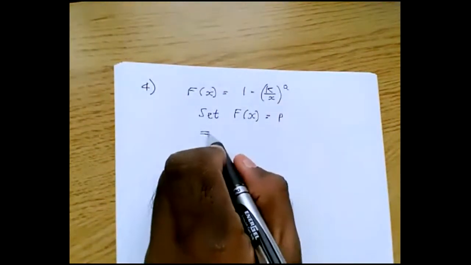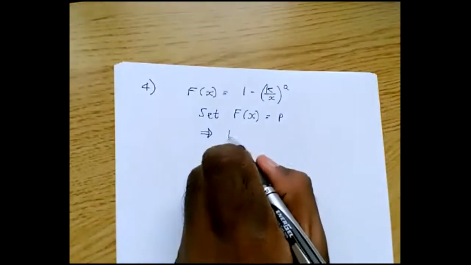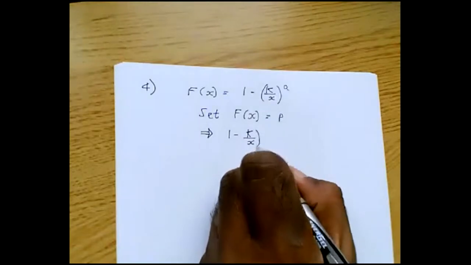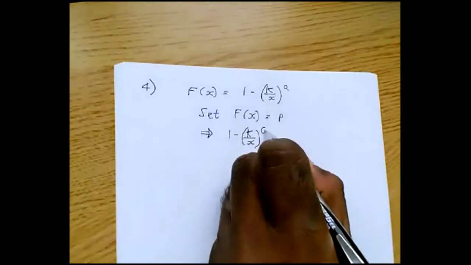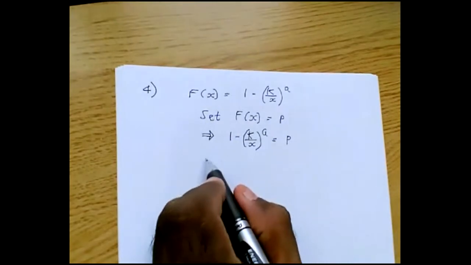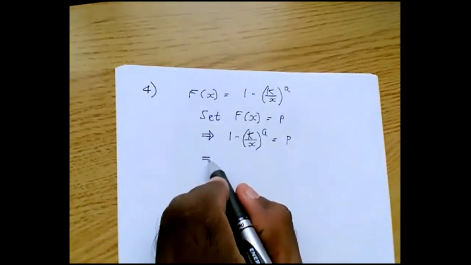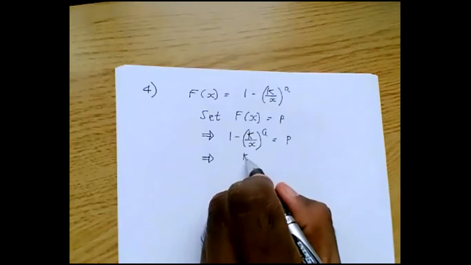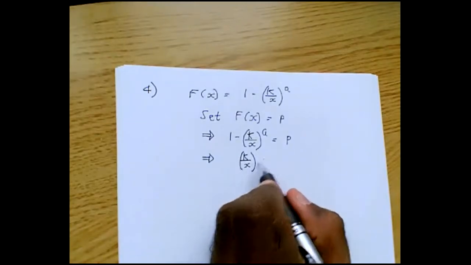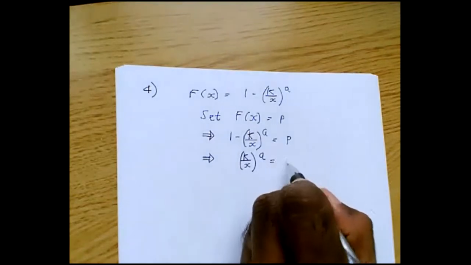So this is equal to p, and this implies that K divided by x to the power a is equal to 1 minus p.